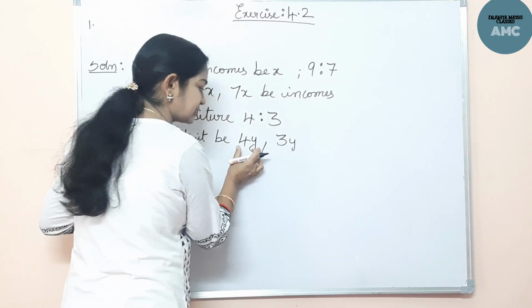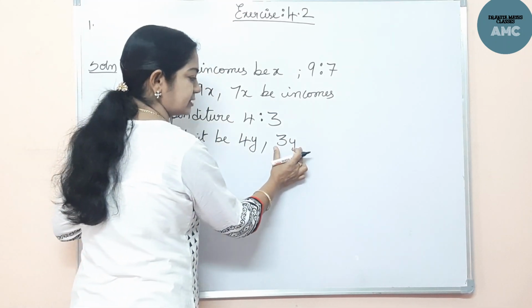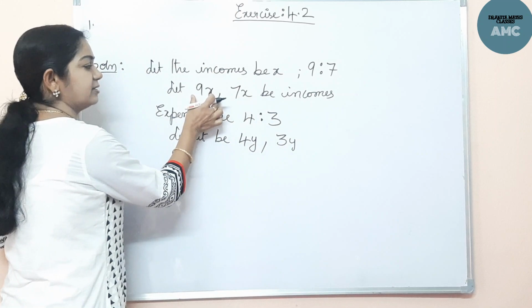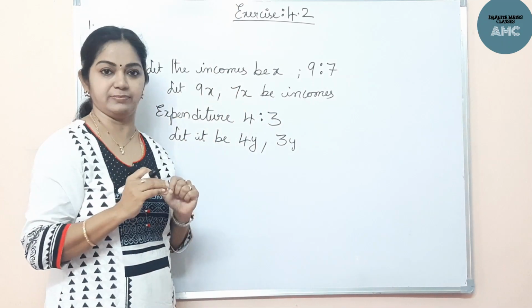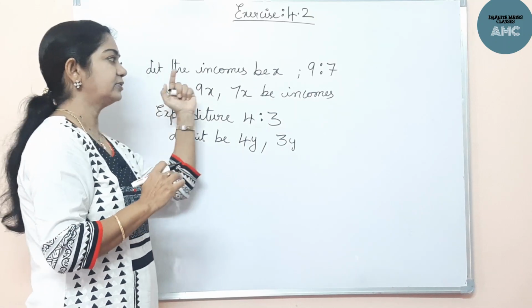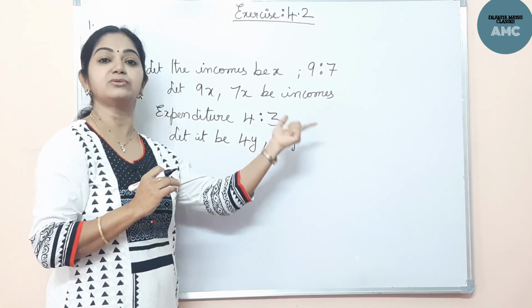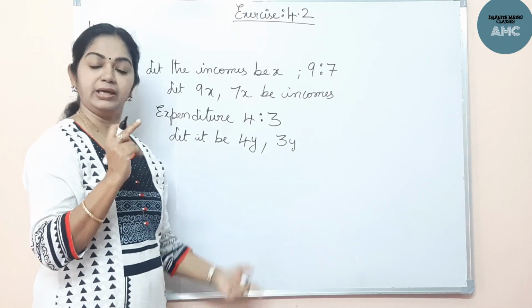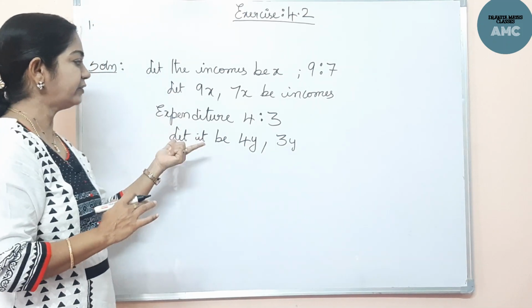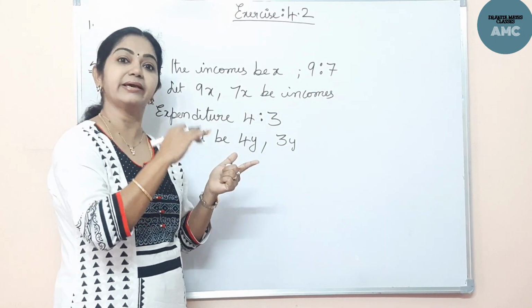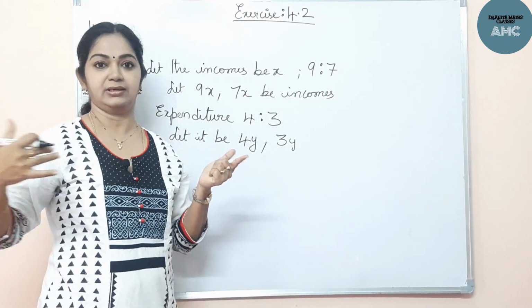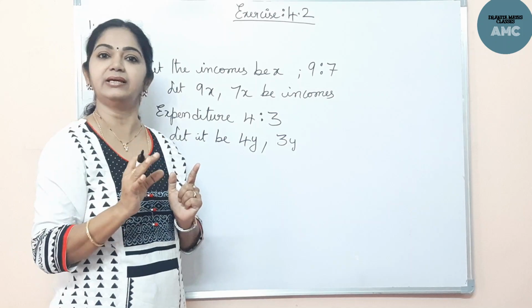The first person's expenditure is 4y. The second person's is 3y. Their incomes are 9x, 7x. I am supposing x and y as variables. Now here they are saving rupees 2000 per month, each of them. That means how we get the savings? The income minus the expenditure, what they have spent. If you subtract, we will be getting the saving.